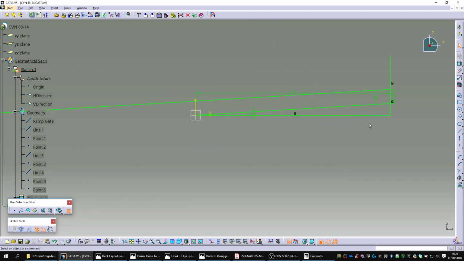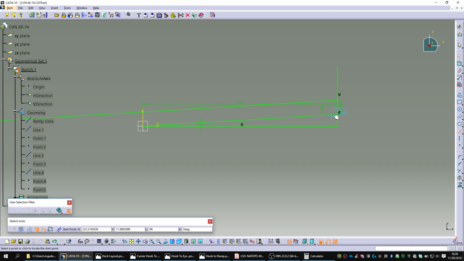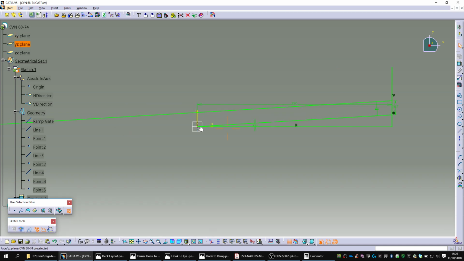Now it's fully constrained, so it can't move. We know that's along the deck. Interestingly enough, if you're not real comfortable with trig, this triangle here, that length right there along that horizon as it intersects, that guy right there is actually the same as the length from there to the optical touchdown point.